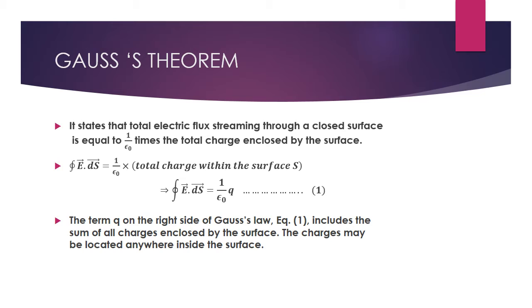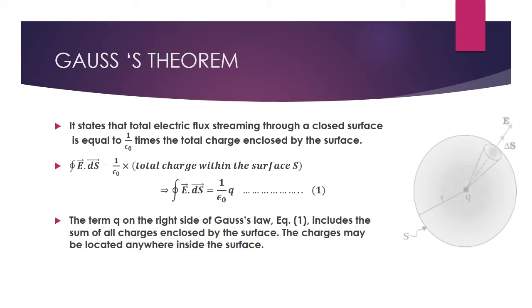Although the given distribution may consist of some charges which lie outside the surface, those charges are not to be included in determining the value of Q. So Q is the total charge enclosed within the surface.